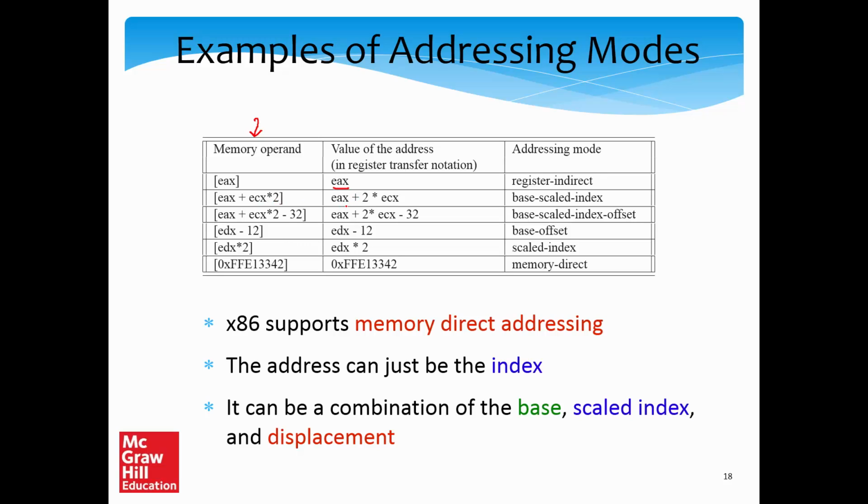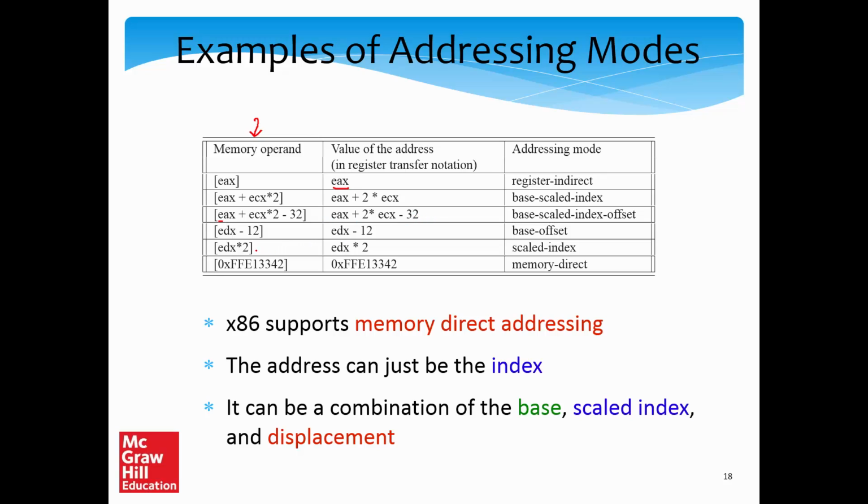So the value of the address is EAX plus 2 times ECX. This is base scaled index. Similarly, we have a base scaled index offset mode, where the address can be of the type EAX plus ECX times 2 plus a displacement, which in this case is minus 32.